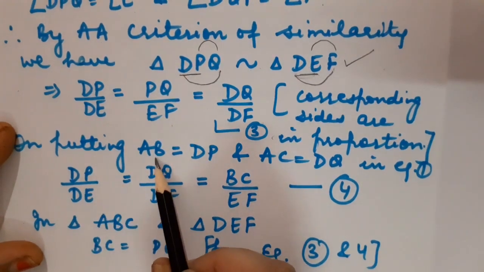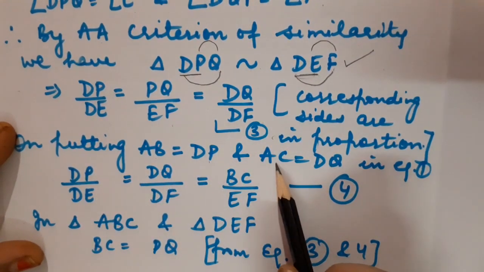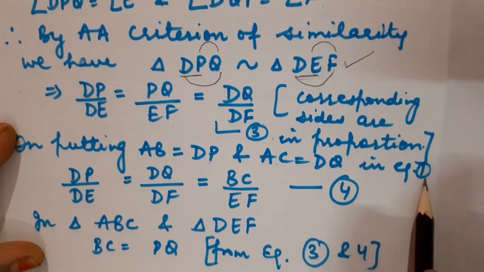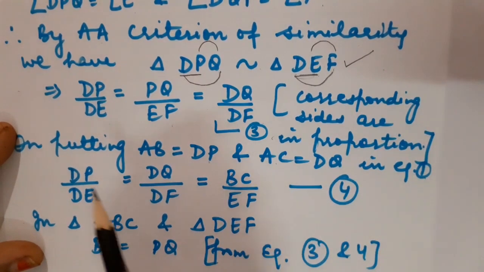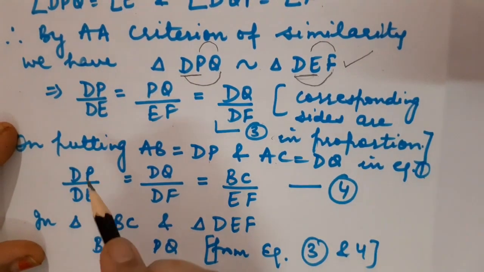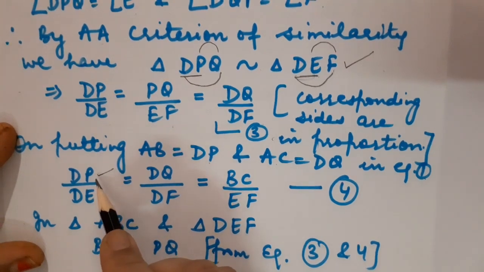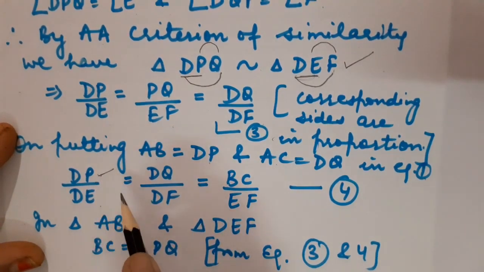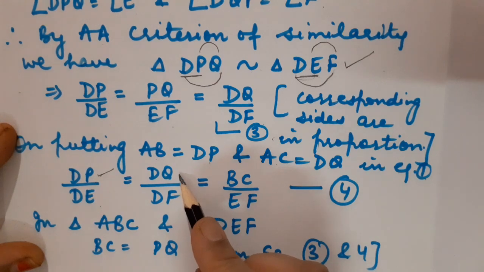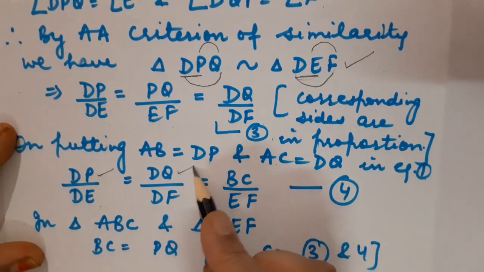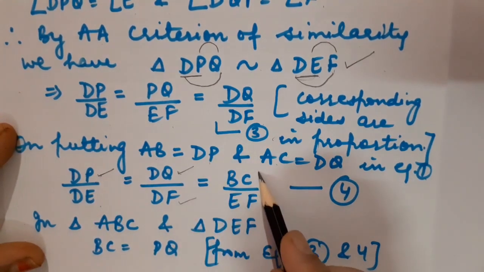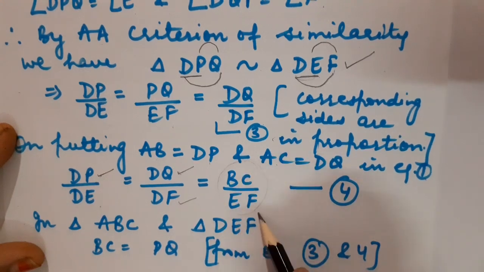So on putting AB is equal to DP and AC is equal to DQ in equation number 1. So children, what will I get? Of course, at place of AB, I am going to write DP. It would become DP upon DE is equal to, at place of CA, I am going to write DQ. So DQ upon DF.